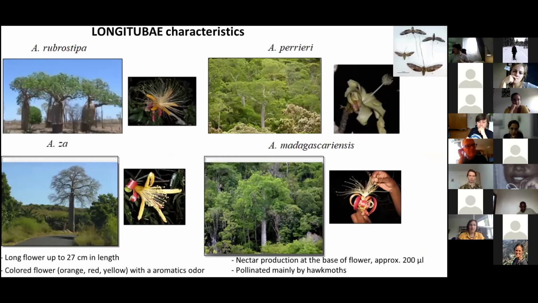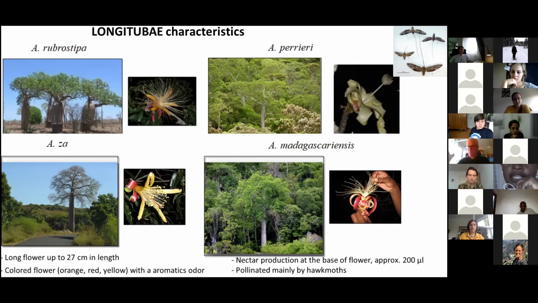The main characteristic of the Longitube section is that the flowers of these species are very long, up to 25 centimeters in length, and colored. I also found that the flower scent is dominated by aromatic compounds.